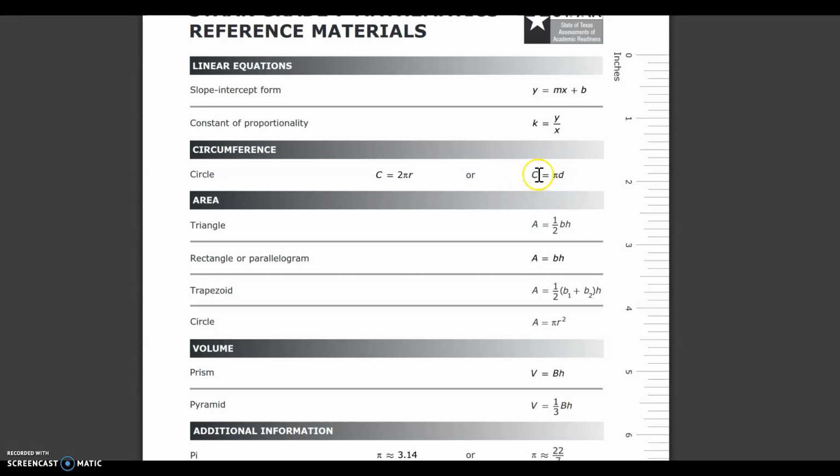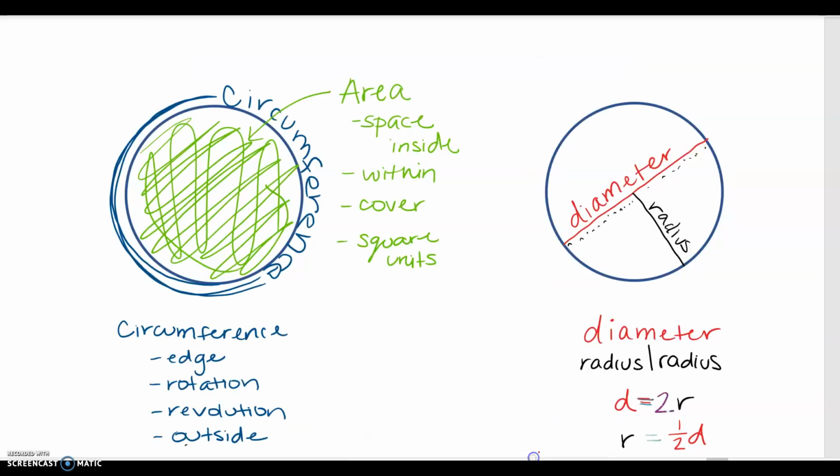Now, if I'm given the area, I'm going to come down here and use A equals pi r squared. It's a whole different formula, whole different situation, but no matter what, if I'm finding the area of a circle, I have to have the radius. So let's go back over here. If I'm finding the circumference, I'm either going to use pi times my diameter, or 2 pi times my radius.